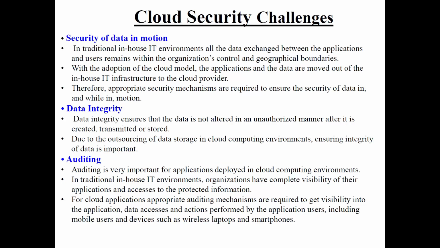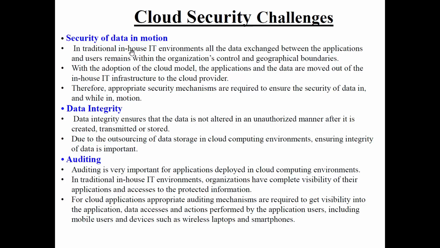Next challenge is security of data in motion. By data at rest, we mean the data which is stored in the server in the data center. Data in motion is when the data is in transit between the user and the cloud provider's data center.